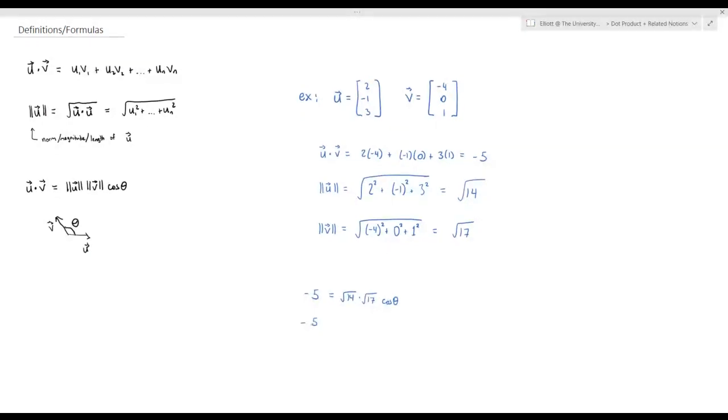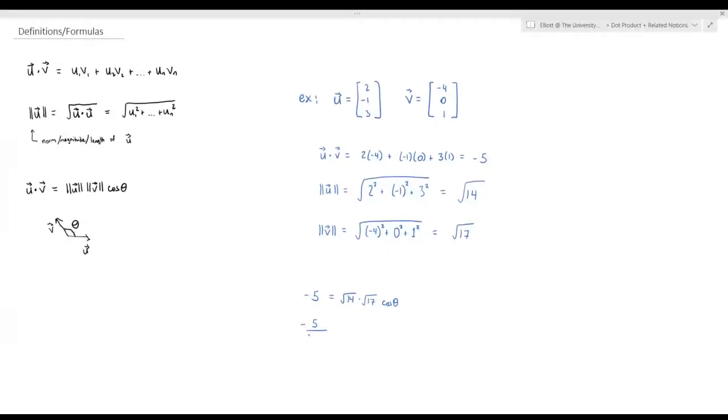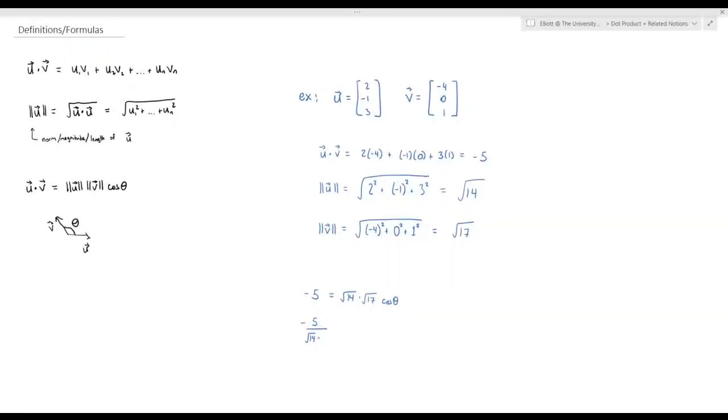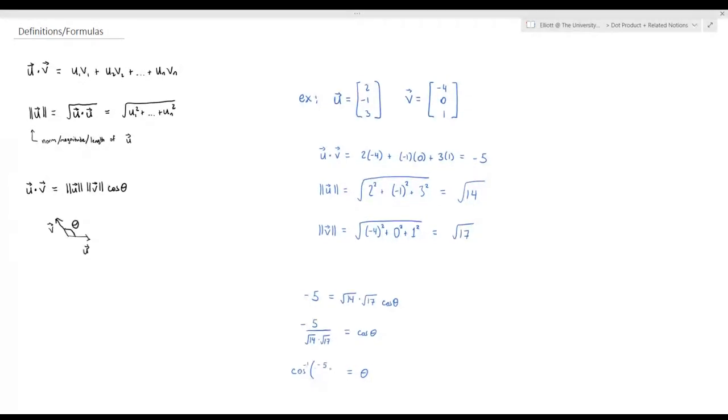So cosine of theta itself is -5 over the square root of 14 times the square root of 17. And therefore, if you were asked to do so, you could solve for theta by taking the inverse cosine, or arc cosine, of this.